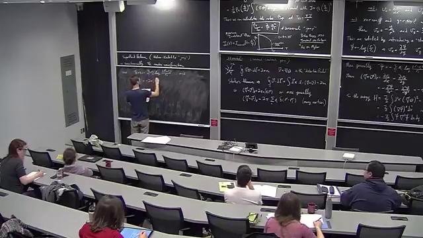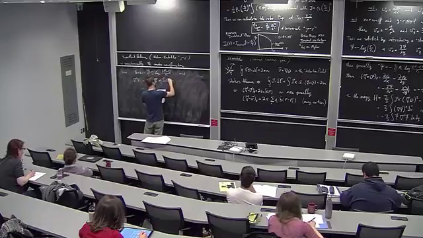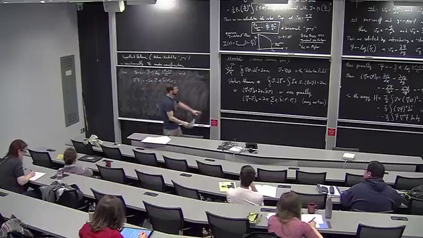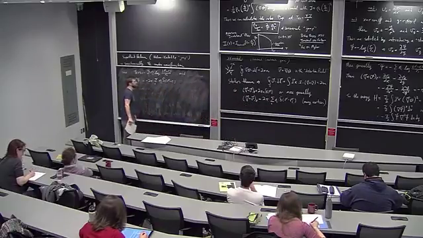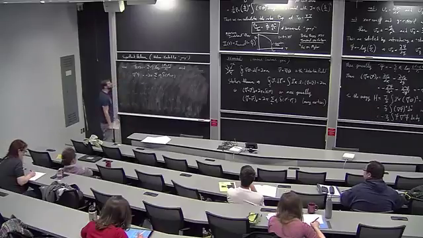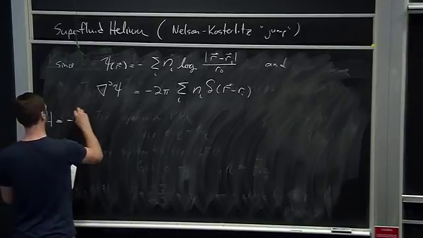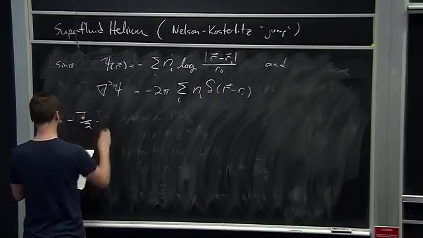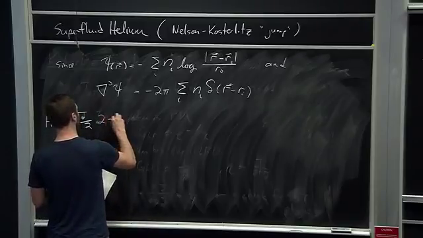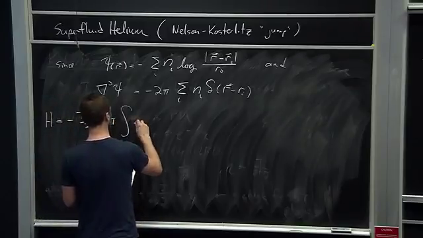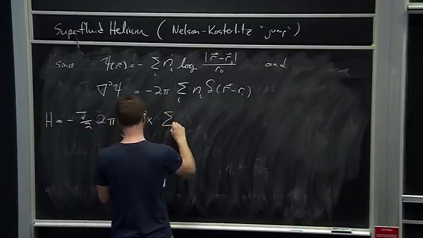Minus 2 pi sum over i and i, r minus r_i from this. Then my energy, you'll pull this 2 pi out. dx, dy. Gotta be careful with my sums here.